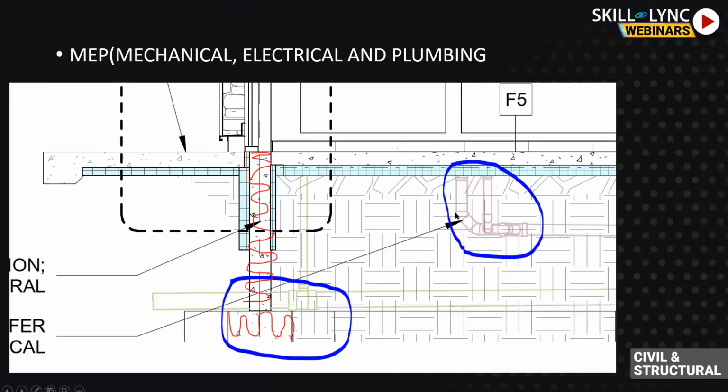They would be putting a lot of claims against you, which you don't want to end up with. So this is a classic example of coordination with plumbing, wherein your plumbing is coming from inside of the building and has to go outside, and there is a stem wall going all the way down, and you have some footing. You don't want your pipe to go underneath the footing. If your pipe goes underneath the footing, there would be loads acting on the footing and it would crack the pipe, which is not the ideal scenario.